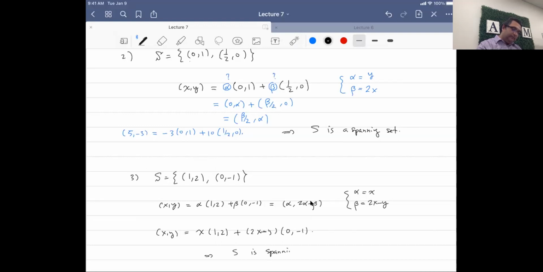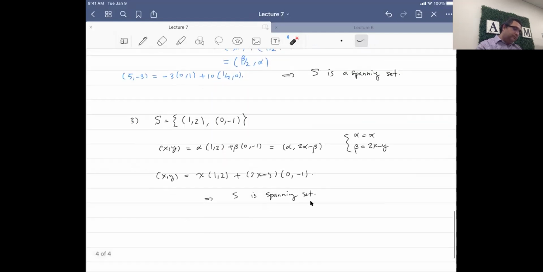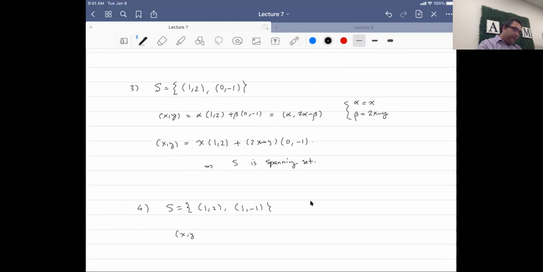Now in this example, if I change to (1, 2) and (1, -1), let's check. Then I would be trying to solve this system of equations. A long time ago, I told you that many problems in linear algebra boil down to solving systems of equations.